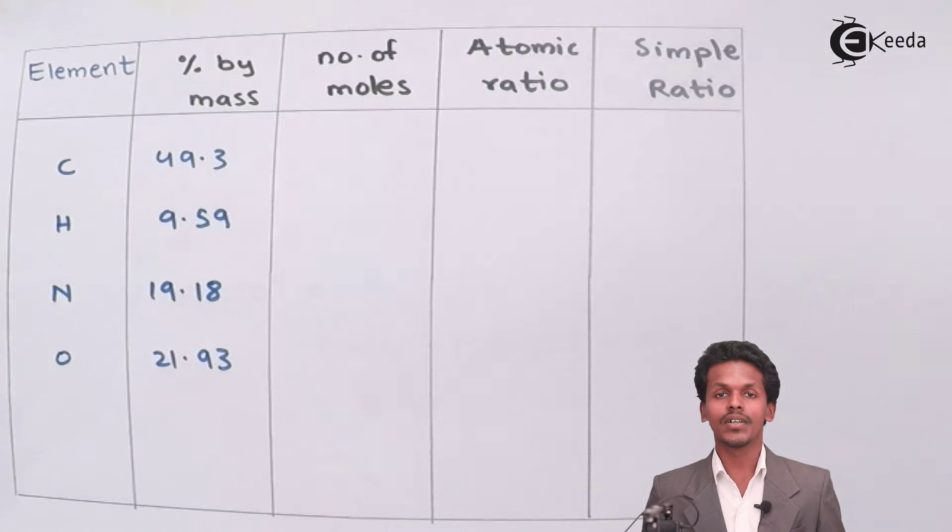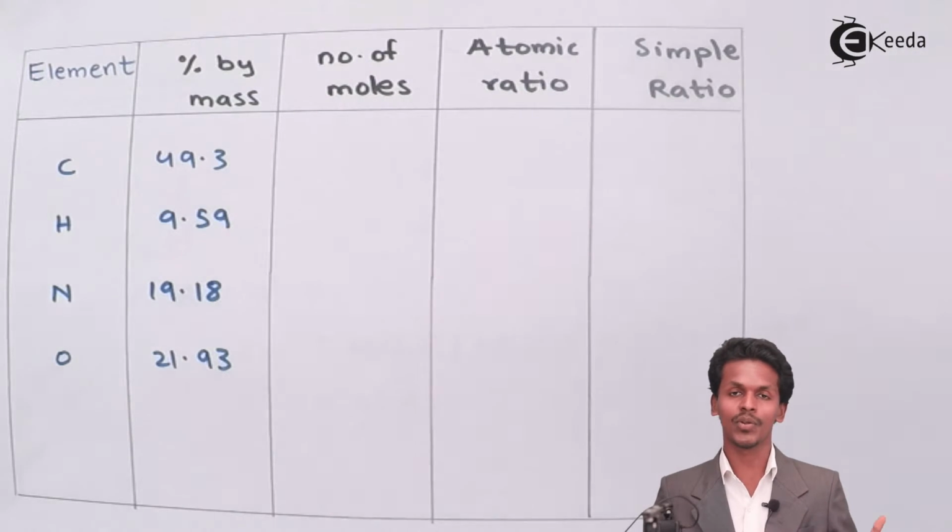So this is how we have made a tabular form of the percentage by mass of the elements present in the particular compound.